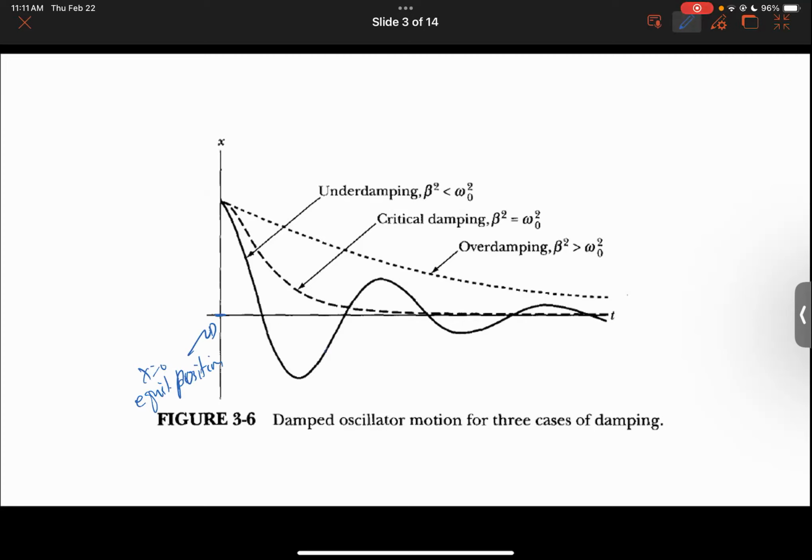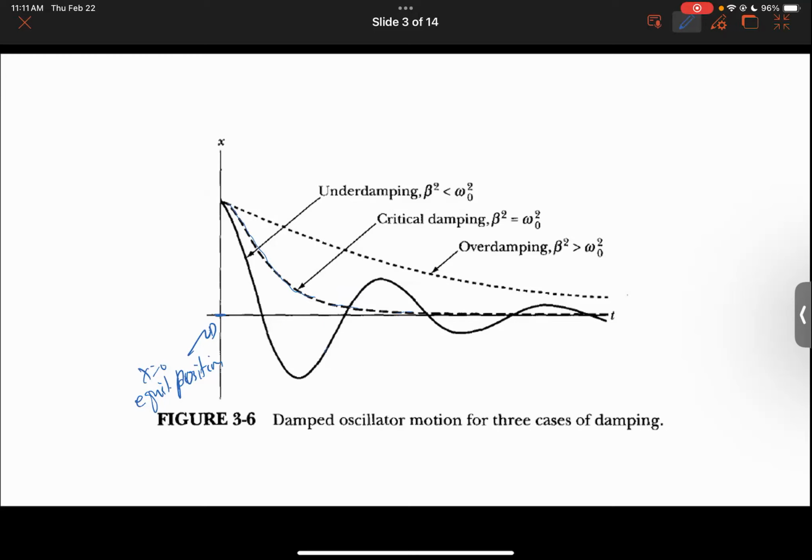In the case of critical damping, kung saan yung beta squared, yung damping parameter, is equal to the angular frequency of oscillation, then ang mangyayari lang dito is parang babagsak na lang kaagad to zero, mag-approach to zero faster than in the case of overdamping.